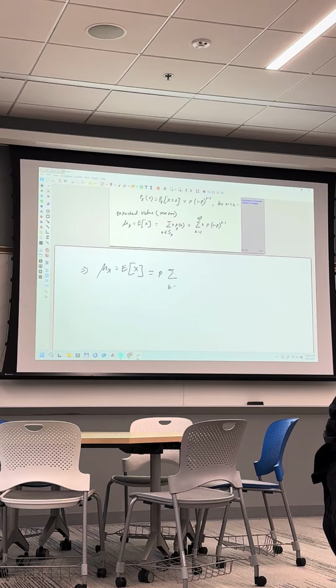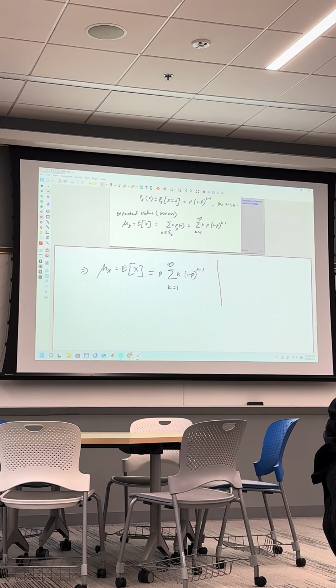So you have k equals 1 to infinity of k times (1 minus p) to the k minus 1. I'm going to use a different color now because I will be using some background notation. I'm going to denote q as 1 minus p.